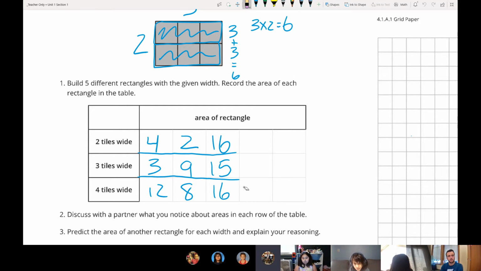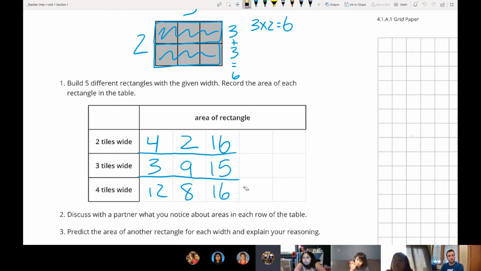Camila? I noticed in the 4 tiles wide that the 8, when you add up, times 8 equals 12, and 16, 8 times 2 equals 16.